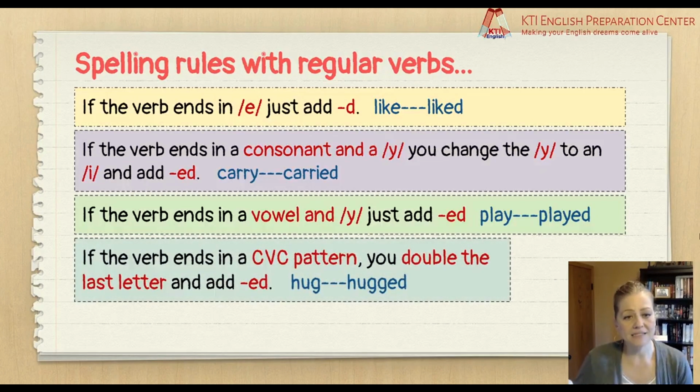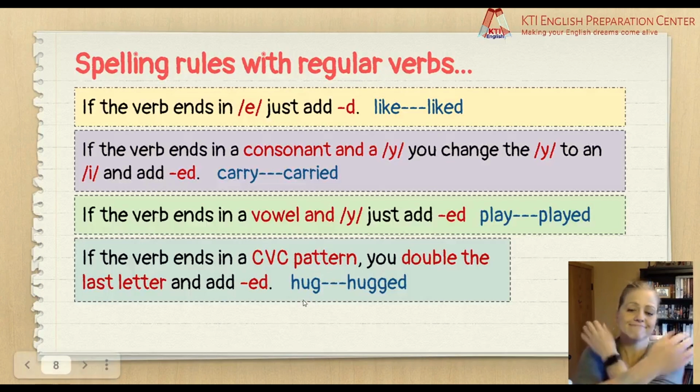If the verb ends in a CVC pattern, so consonant, vowel, consonant, then we have to double that last consonant and then add ED. So we've got hug. I want to give you a hug.